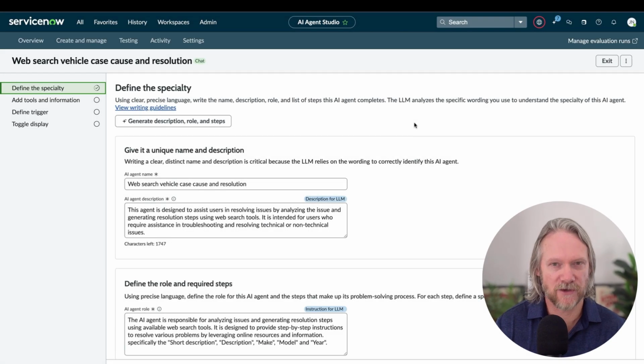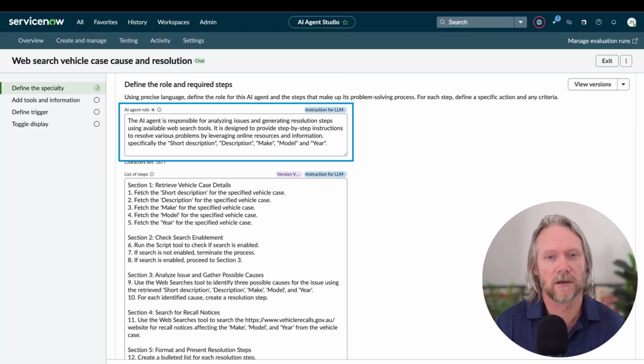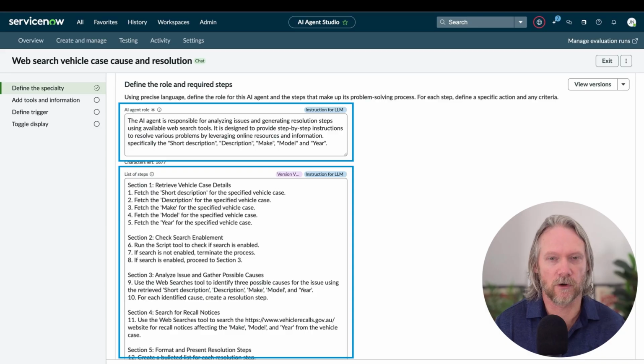The AI agent is guided by a series of prompts that you specify in the agent itself, such as the description, its role, the list of steps that it should perform, etc. Now, in contrast to a flow where the actions are clearly defined, the actions or the tools in an AI agent are executed based on the prompts that you include in the agent.